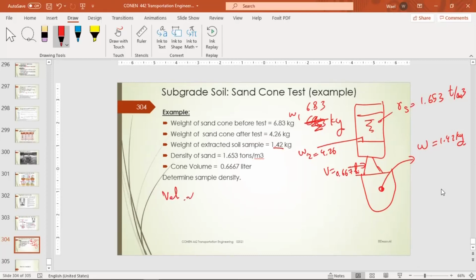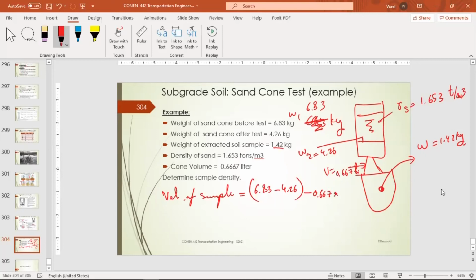Volume of sample equals the difference in the weight, which is 6.83 minus 4.26, minus the weight of the sand in the cone. Here it's 0.667 liter.